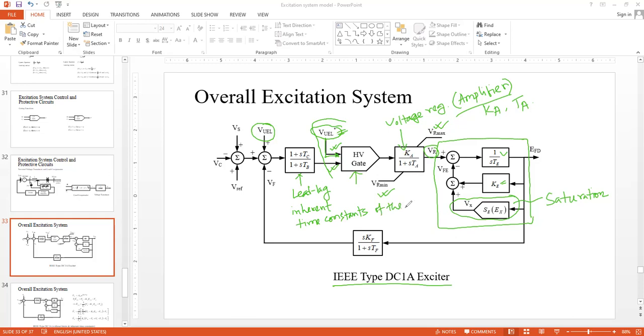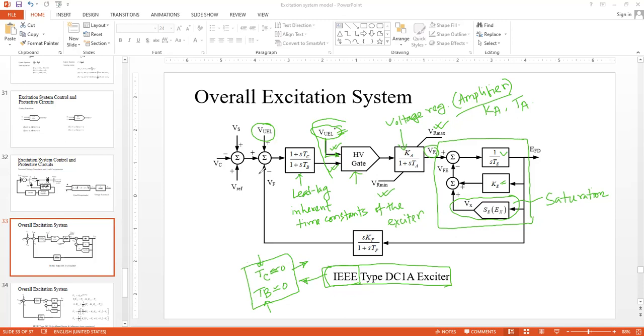But fortunately, in the model itself, the IEEE committee prescribes that we can take TC almost equal to 0 and TB almost equal to 0, meaning they can be neglected. For our purpose of analysis, both TC and TB could be neglected.